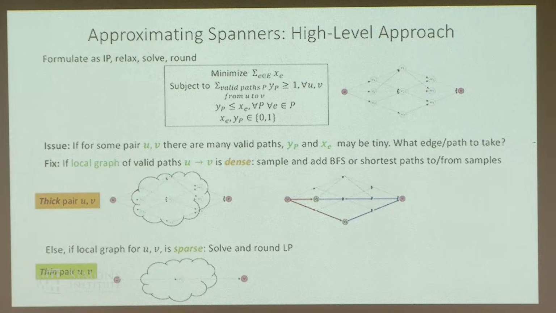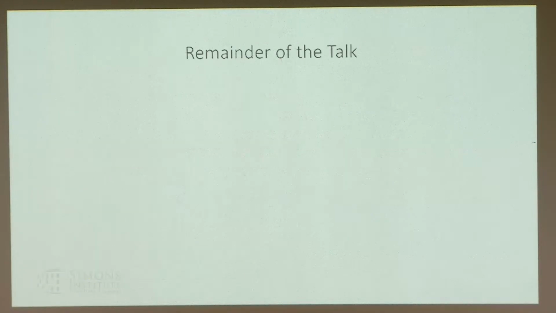What is the local graph? What is the LP? Maybe you want to look at another LP. How do you solve the LP? What else can you add? We're going to see junction trees instead of BFS or shortest paths. So this framework is going to be repeated again and again, and maybe I'll even skip the slides where we're getting to other variants of spanners.